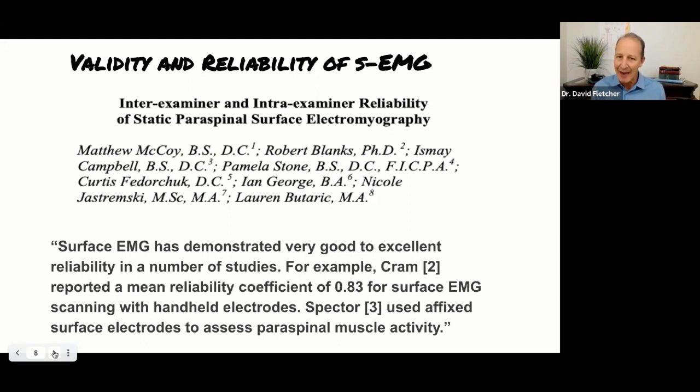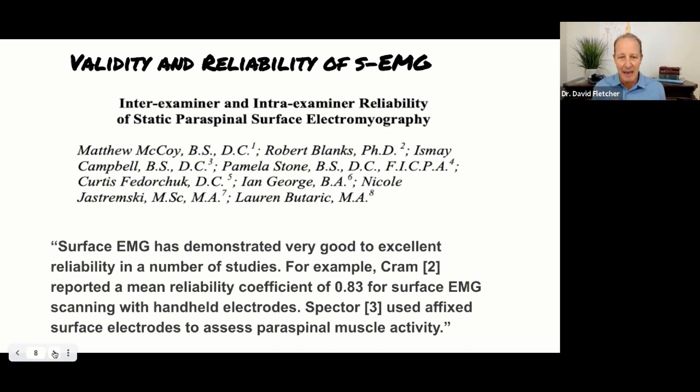Inter-examiner and intra-examiner reliability is paramount if we're to have confidence in using technologies, not only in a single use, but also in progressive uses as we begin care plan management. And Dr. McCoy, who you've met through the Foundation for Vertebral Subluxation, as well as McCoy Press, was one of the lead authors in this particular citation.